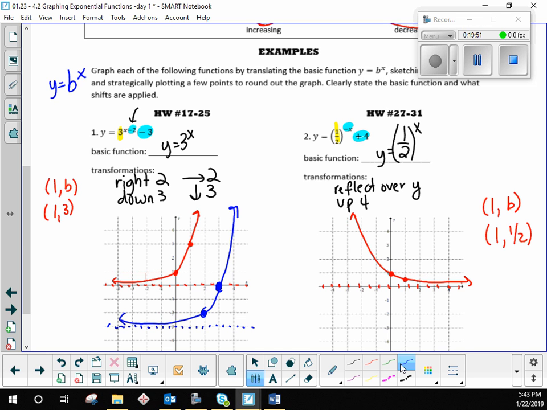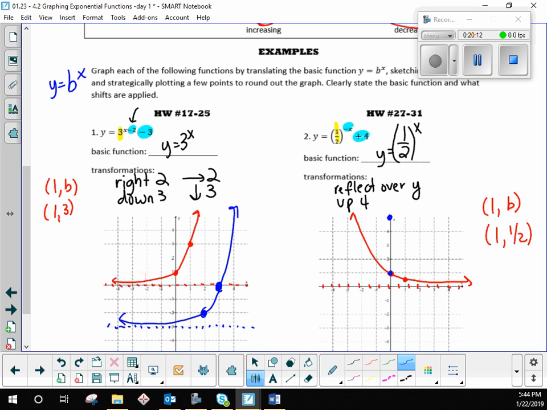So now if I'm reflecting over y, (0, 1) stays here, because if it's reflecting over y, it stays in that spot. But then it goes up 4. So from here, I'm going to go 1, 2, 3, 4, right around here.